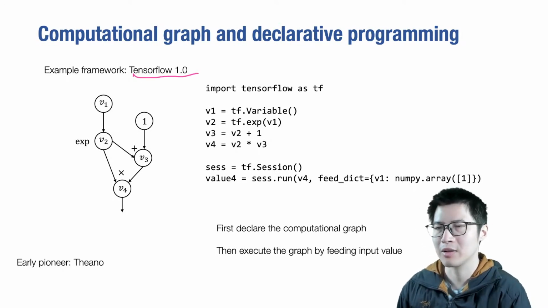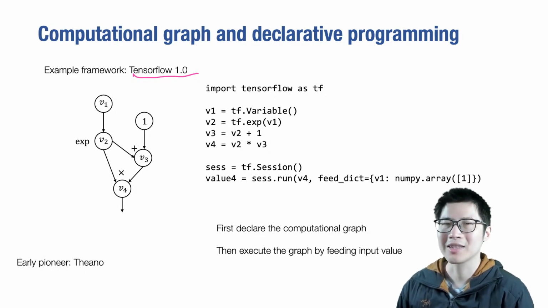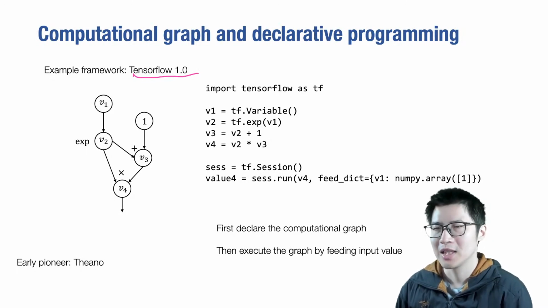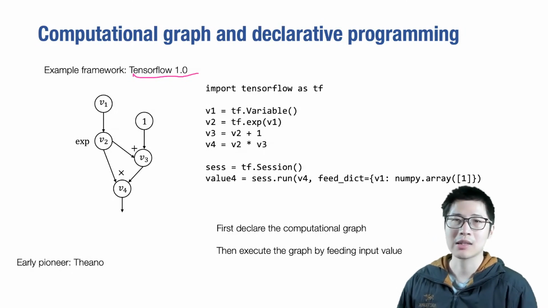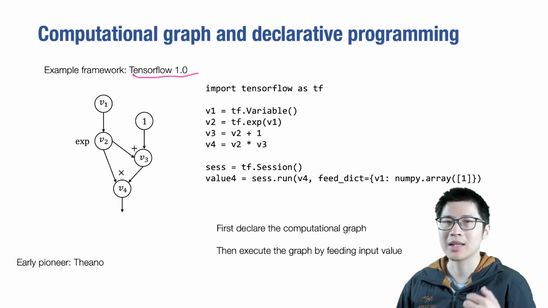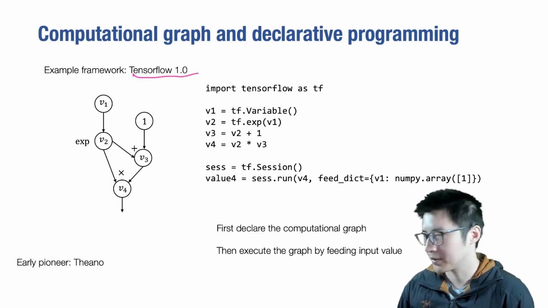If you talk about TensorFlow now, it's already at 2.0, so a lot of things have changed, and TensorFlow has also adopted some of the imperative programming APIs that PyTorch uses. But we're going to focus on the TensorFlow 1.0 API because it represents a very interesting way of designing programming abstractions for machine learning.